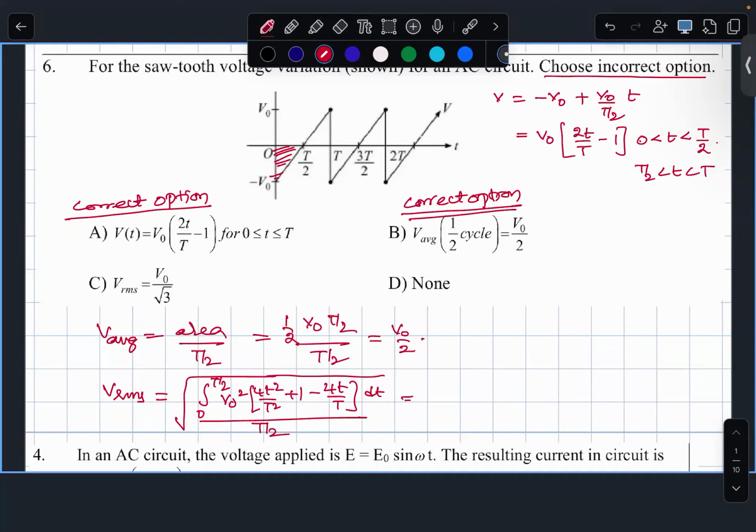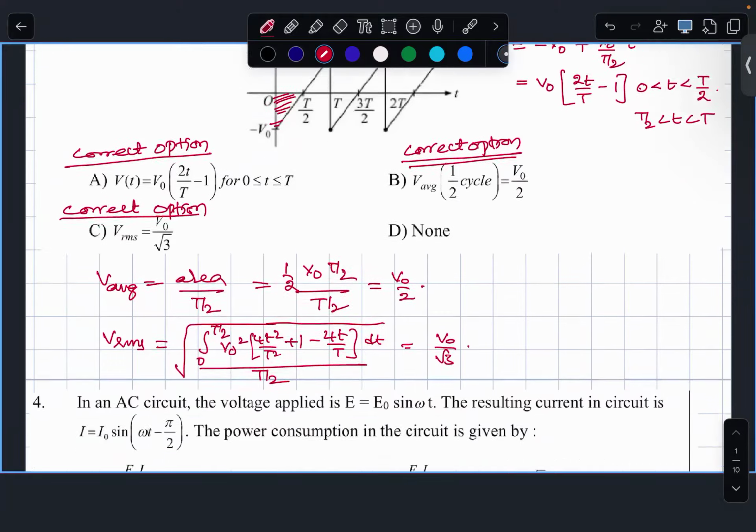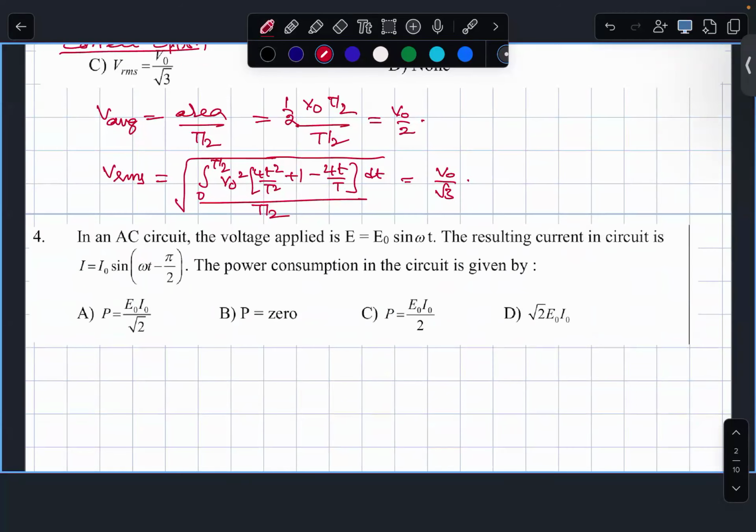You will get V naught by root 3. Correct, RMS value. Any doubts? Boys and girls, any doubts? This is also a correct option. Done.